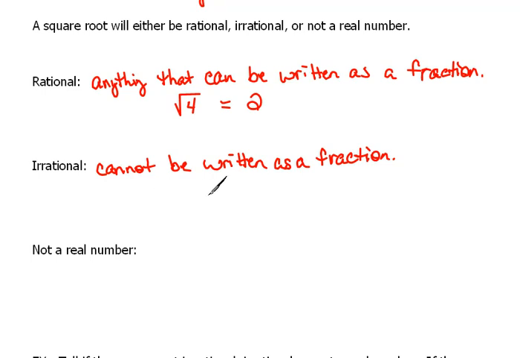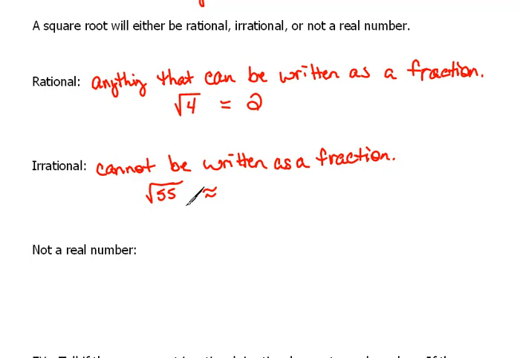An example of an irrational number would be something like the square root of 55. This is not a perfect square. So our only choice here would be to plug the square root of 55 into a calculator and get a decimal approximation.